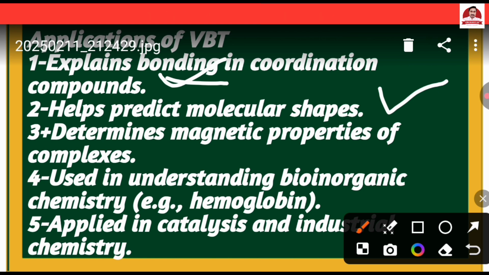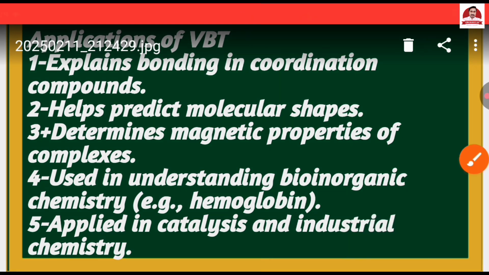Point 3, VBT determines the magnetic properties of the complex, either paramagnetic or diamagnetic. Point number 4, VBT is used in understanding bioinorganic chemistry, that is the hemoglobin molecule. Point 5, VBT is applied in catalysis and industrial applications.